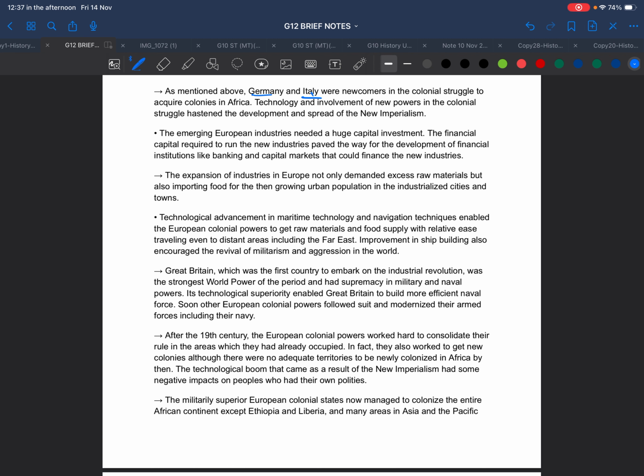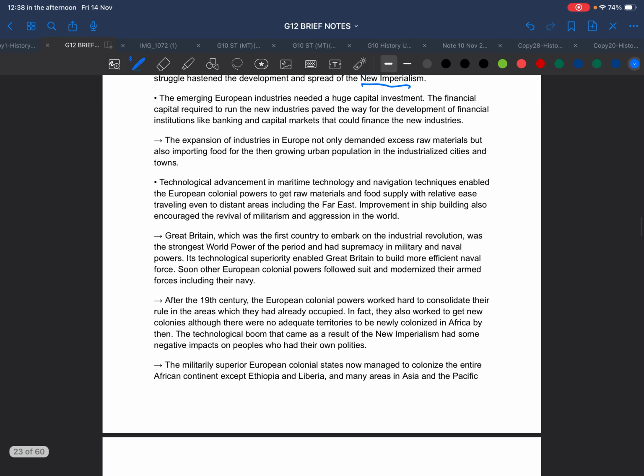Technology and the involvement of new powers in the colonial struggle hastened the development and spread of the new imperialism. These were factors that helped Europeans facilitate the development and spread of new colonialism. In short, everything was convenient for them to colonize Africa.